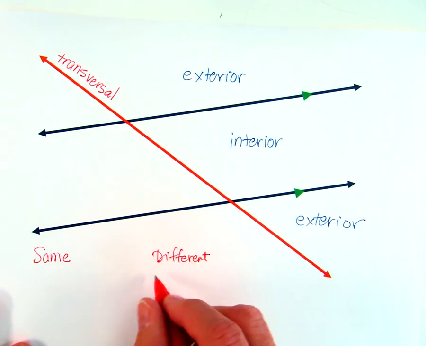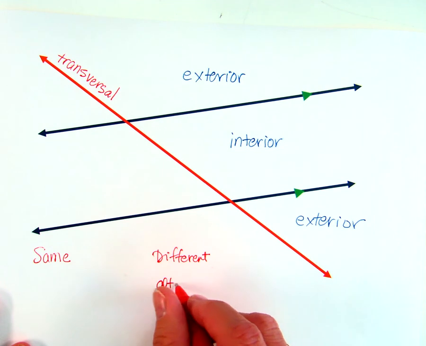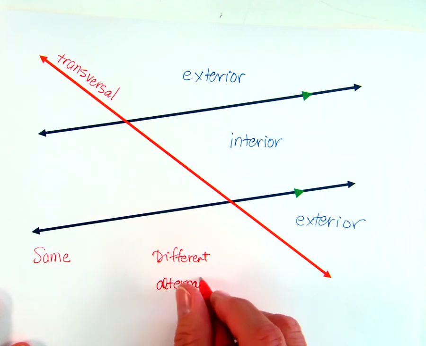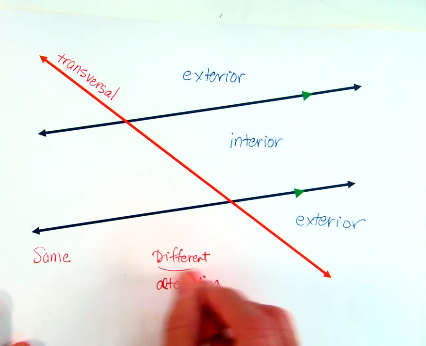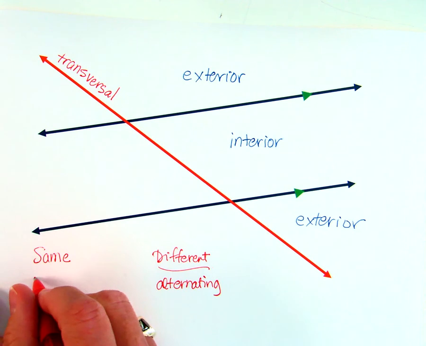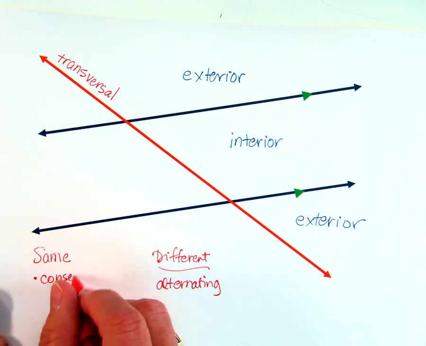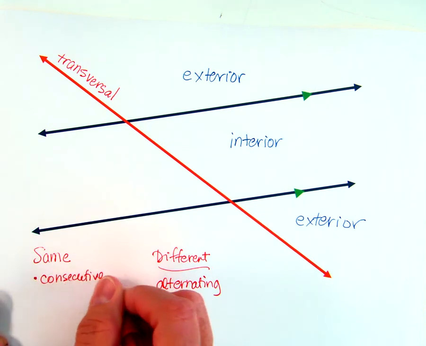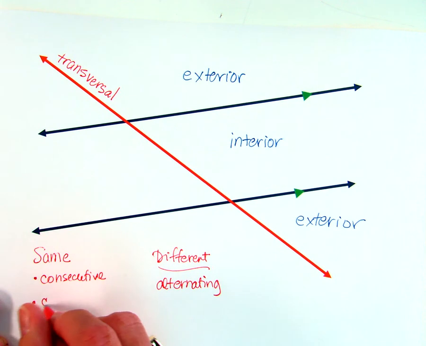So different sides we're going to call alternating, and we'll only take notice of those in certain circumstances, which I'm about to talk about. So alternating. And then on the same side, we'll talk about ones that are consecutive or ones that are corresponding.